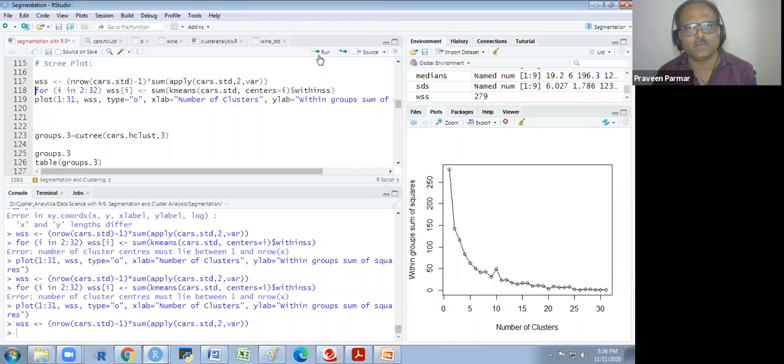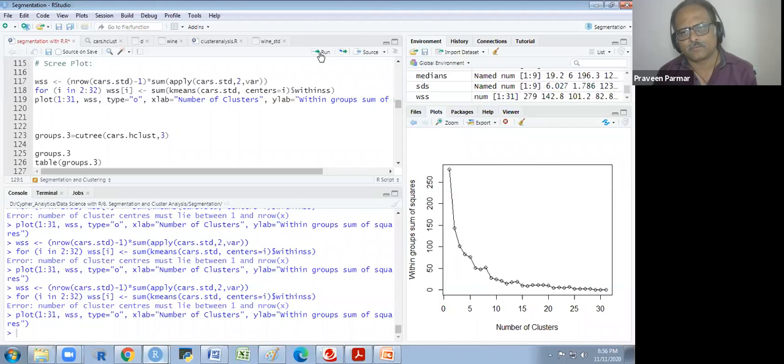Every time it is giving me a different graph. Look at this. What is the problem here?